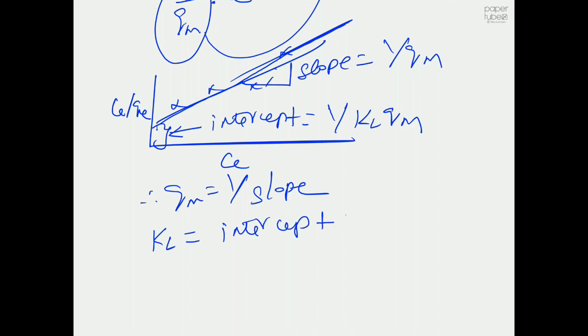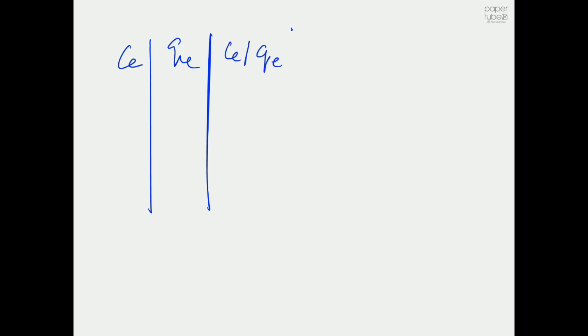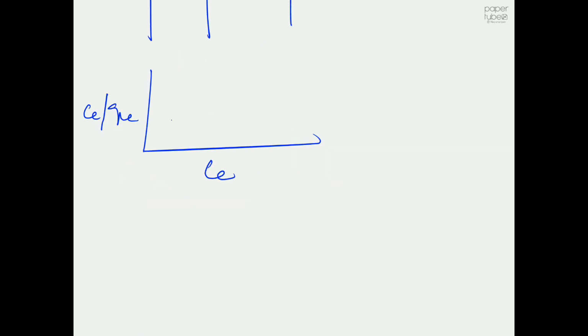And the KL value will be equal to intercept multiplied by QM, or this will be equal to intercept multiplied by 1 by slope. So that will be your KL value. That's how you get your Langmuir constant. So if you have CE and QE, you take CE by QE and plot, and then you use this expression.